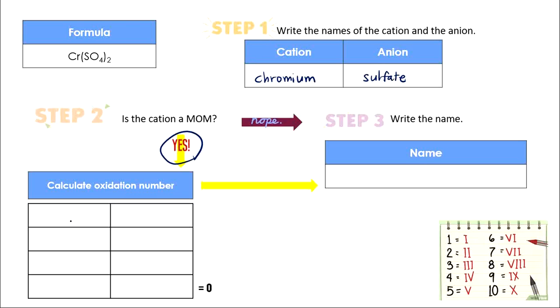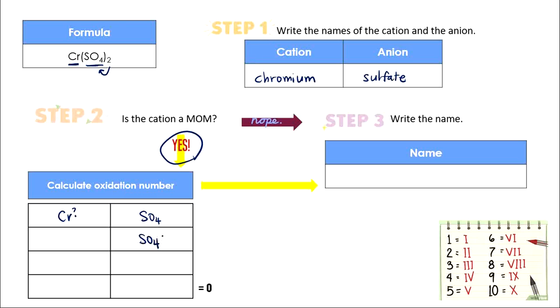And again, it's going to be the same steps as we did last class. So chromium, we don't know the oxidation number, that's what we're trying to find. And we're just going to write 1 chromium there because according to the formula, there's only 1 chromium. Now how about sulfates? How many sulfates are there? There are 2 sulfate ions. So I'm going to write sulfate twice.